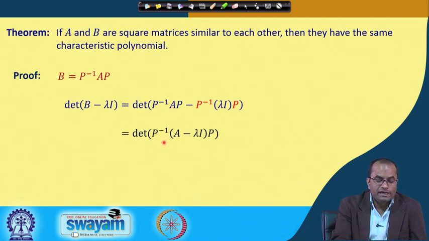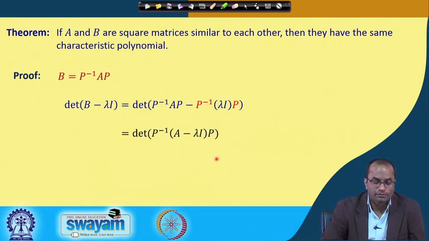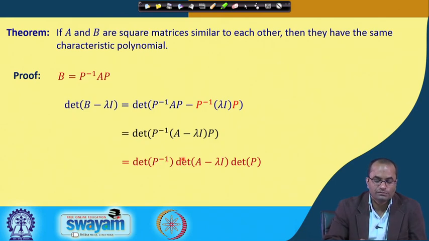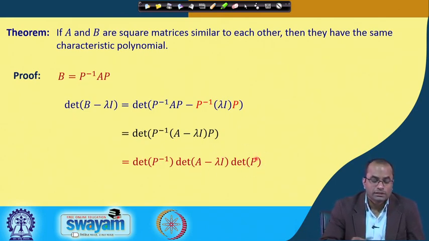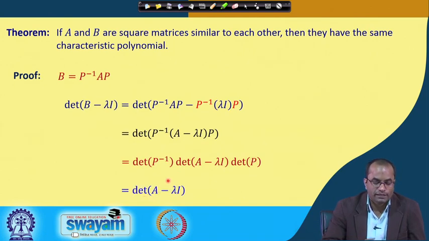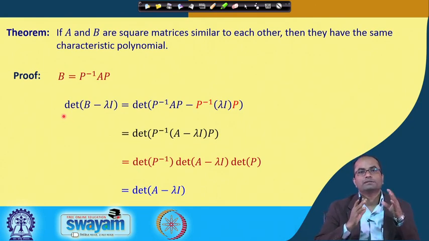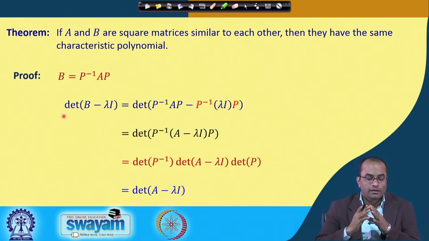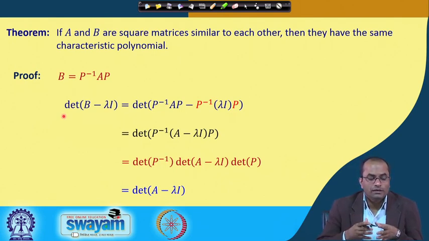So, here in the determinant we take P inverse common from the left and P from the right, and we have A minus lambda I in the middle. Now we can use the property of the determinant of a product of three matrices: the determinant of P inverse, the determinant of the middle one A minus lambda I, and the determinant of P. The determinant of P inverse and the determinant of P cancel out each other, since they are reciprocals, and we get just the determinant of A minus lambda I. So the determinant of B minus lambda I is equal to the determinant of A minus lambda I, and they have the same characteristic polynomial.